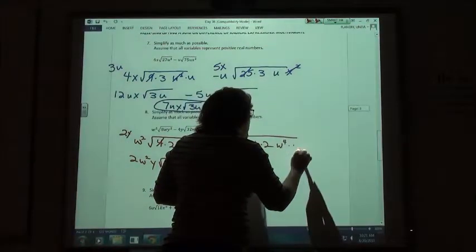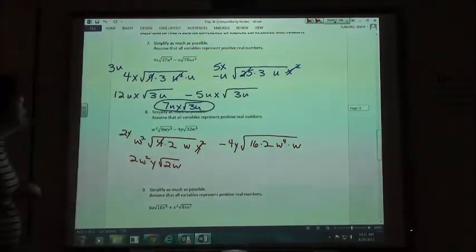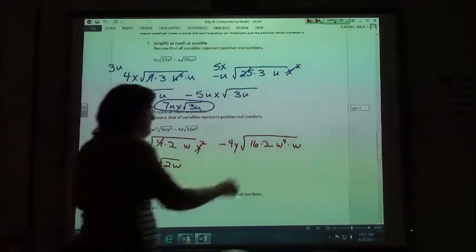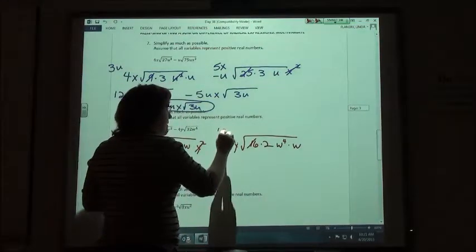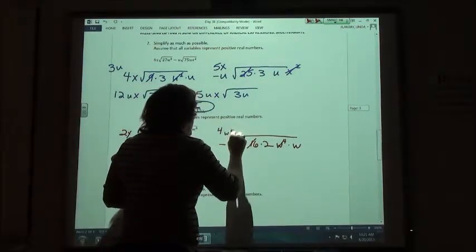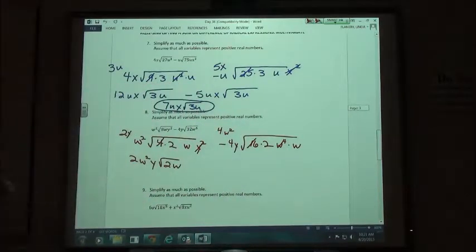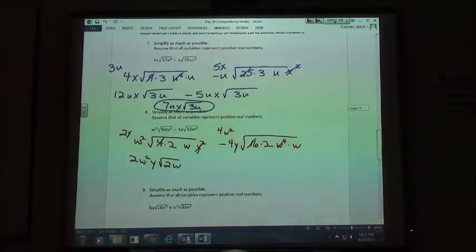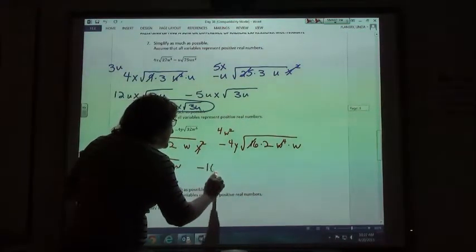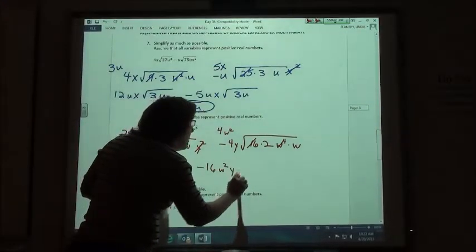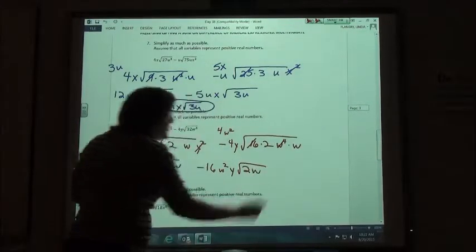w to the 4th times w. So taking out my perfect squares, I can take out 4 and a w squared, right? Half of 4 is 2. So if I take that out, I'm going to have negative 16w squared y square root of 2w.